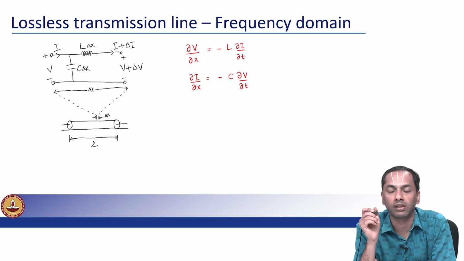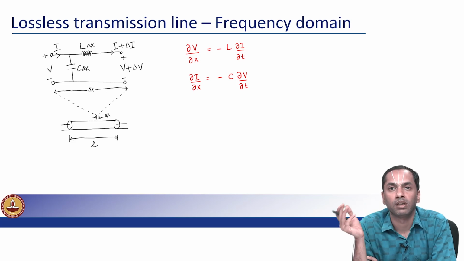Remember that I told you that incorporation of speed of light delay on a transmission line makes voltages and currents functions of both x and t. Now we are going into the frequency domain and restricting our view of how these voltages and currents change for only a single frequency excitation. It is a way of eliminating one of the independent variables, because in time it's only going to be a sinusoidal waveform, right?